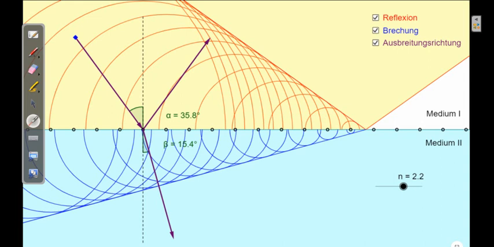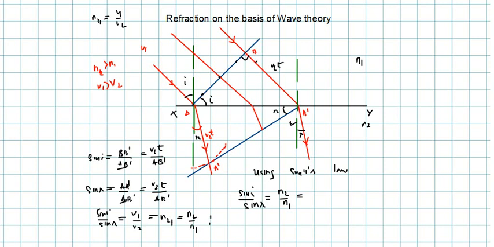Okay. Let us go back to the board now, and this is how we prove Snell's law. So, how do we prove it? We consider that there is a plane wavefront AB which strikes the interface XY and gets refracted inside along A prime. Every point on the incident wavefront acts as a source of new wavelets. These wavelets on striking the interface give rise to small ripples.